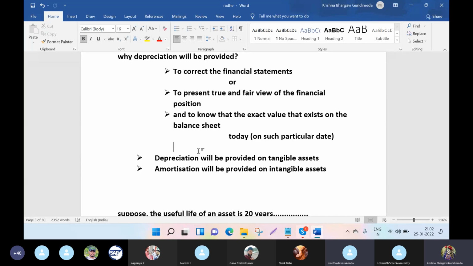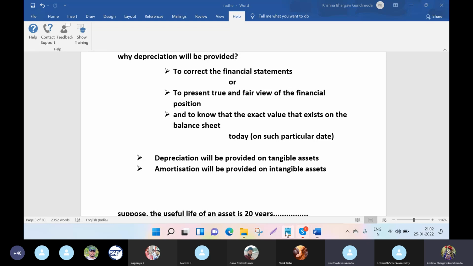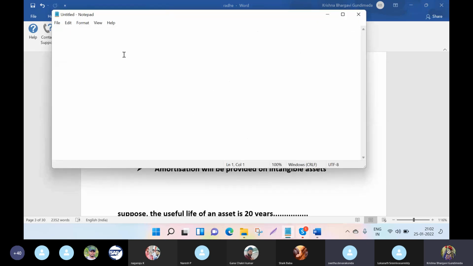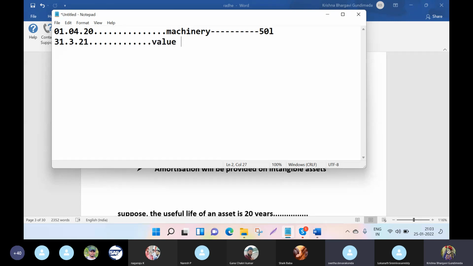At the time of purchase, suppose on 1/4/20, machinery was purchased for 50 lakhs. At the end of 31st March 2021, what will be the value? Will the same value be shown in the books or not?